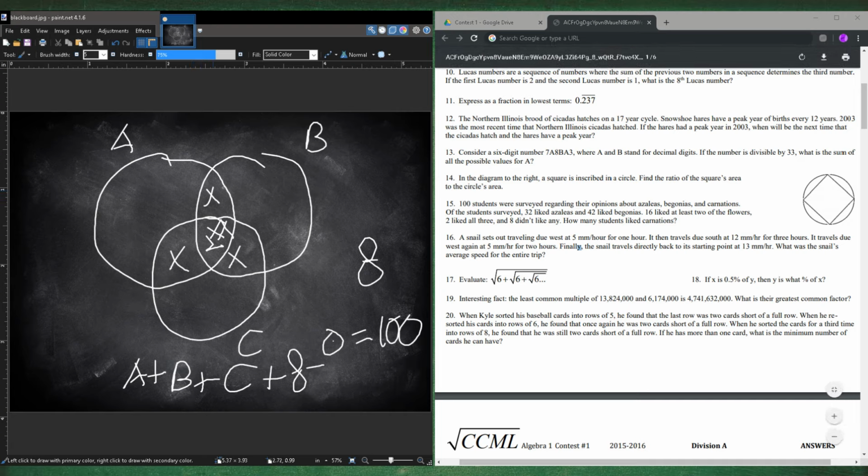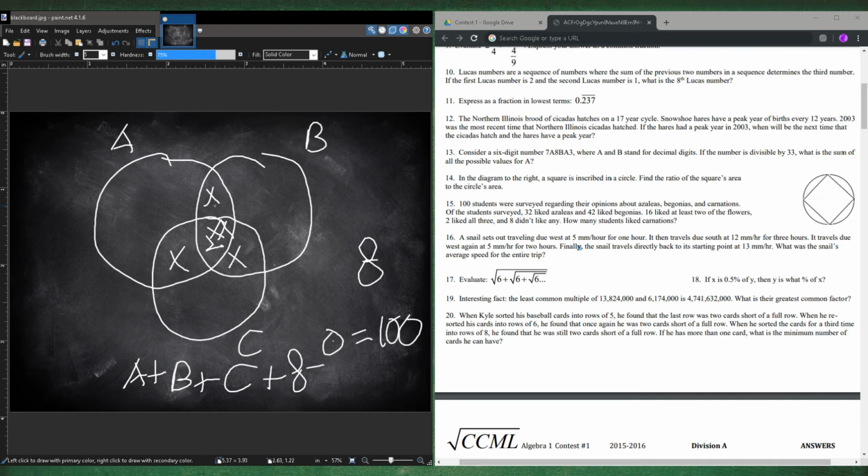So this is 2, this is 2, this is 2, and this is 3. So this one adds up to 16. So you just subtract 16. So that cancels out all the overlaps. So that's 64 plus C is equal to 100. So 100 minus 64 is equal to 36. So carnations is equal to 36.